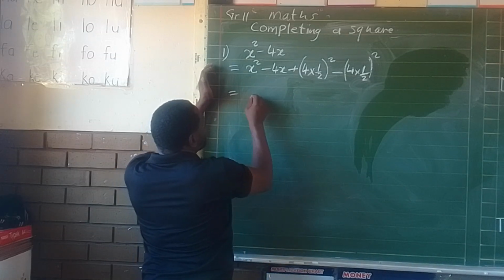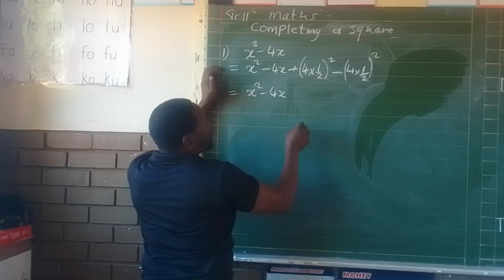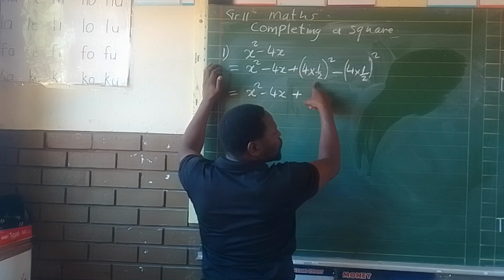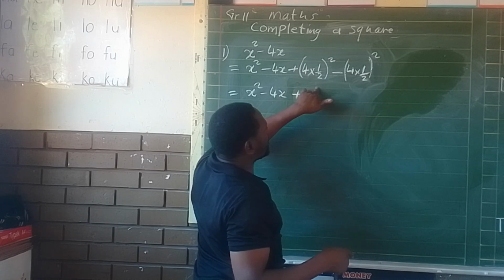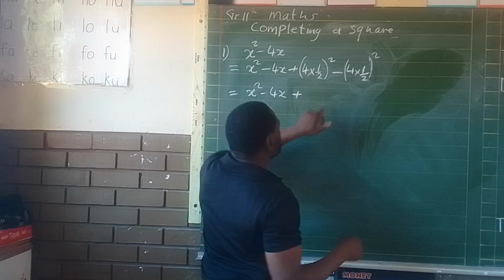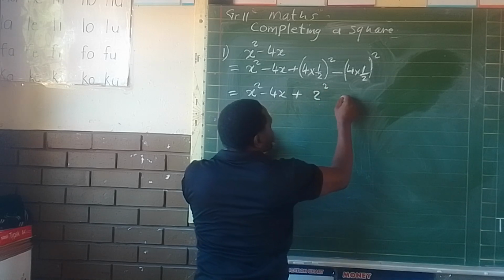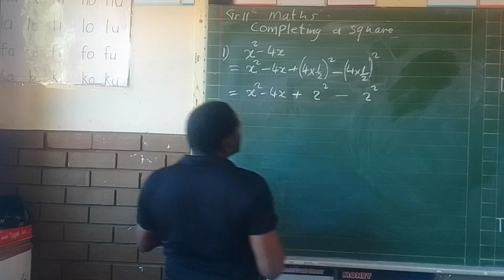Now the next step is x squared minus 4x plus 4 divided by 2, which is 4 times half, the same as 4 divided by 2. You get a 2. 2 squared minus 2 squared.